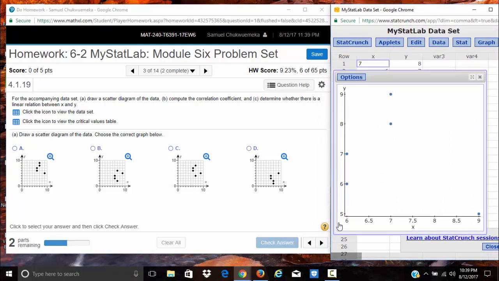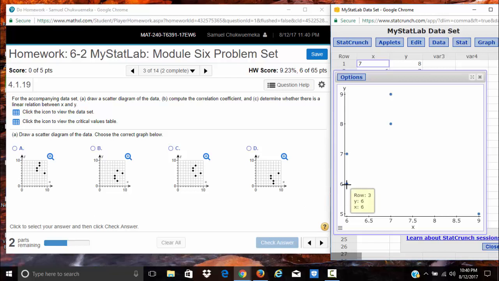Look at this here. You will see that A is out of the question. A is not it, process of elimination. This is just like your normal graph.